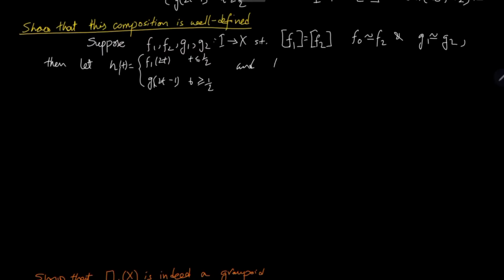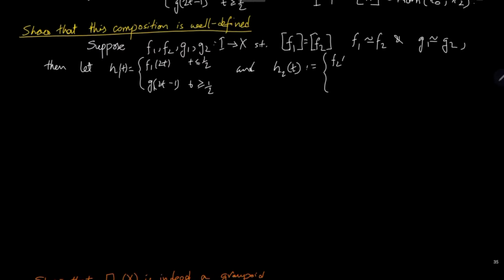And let h2 of t be defined by f2 of 2t, g2 of 2t minus 1, for t less than or equal to half, and t greater than or equal to half. We show that h1 is homotopic to h2. That is it. Okay, so that is the thing.